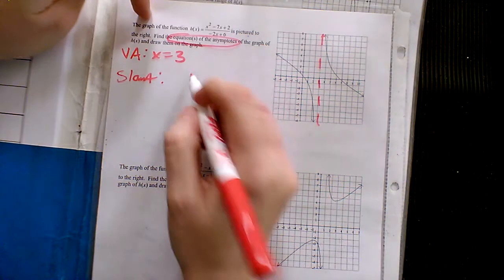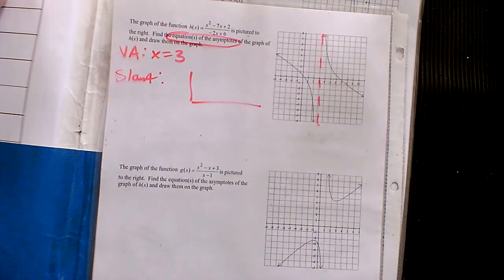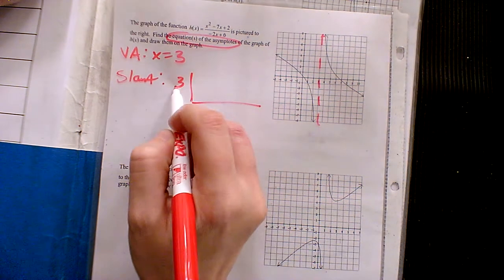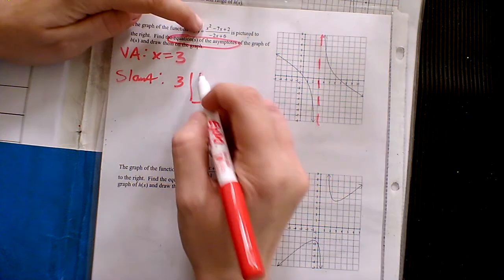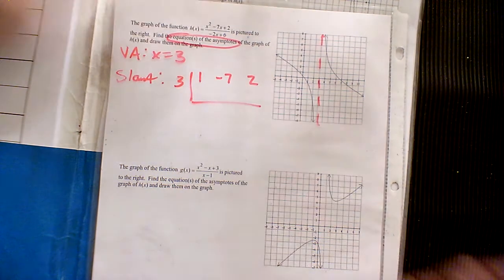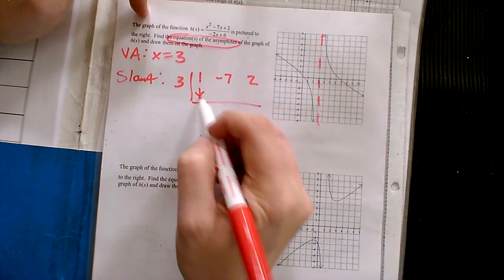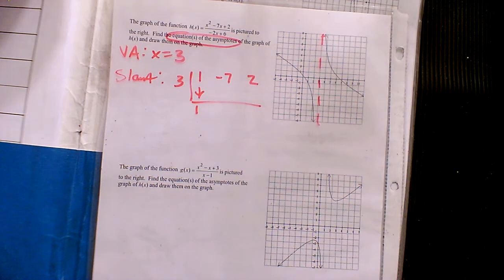Synthetic division. Okay, so what's our number on the outside? 3. All right. And then coefficients from the top. Let's drop 1 and we'll go through division.